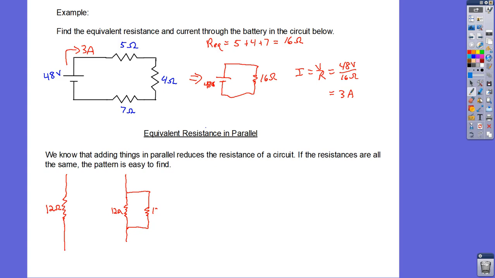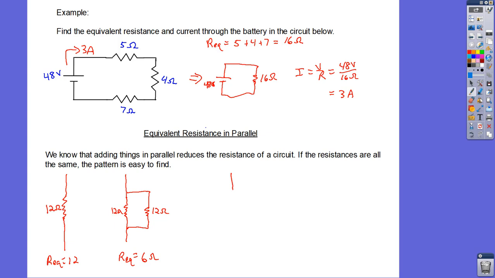So this is like my grocery store analogy. For this, Req is equal to 12. The equivalent resistance now, well, if you think about the obstacle to flow, I've just made it twice as easy to make it flow. I've opened up another checkout lane so I can get twice as many people through. So it's half as much resistance. So that equivalent resistance would be 6 ohms.